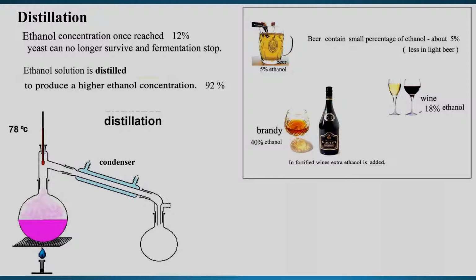So the ethanol vapor will pass down the condenser, and once it passes down the condenser, it will recondense back into liquid ethanol. And this ethanol can reach up to 92% pure. And this is the step of distillation.